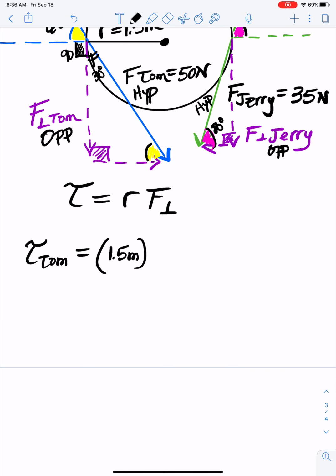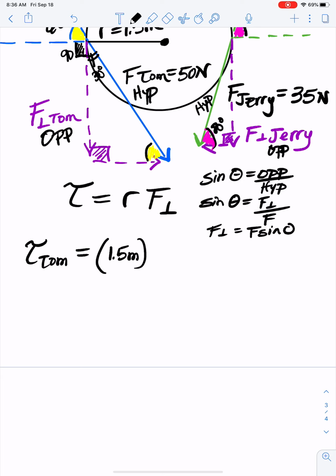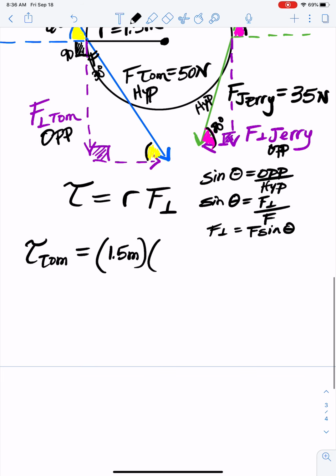For both of them, we can use sine theta equals opposite over hypotenuse. So sine of theta is equal to the opposite, which is F perp, over the hypotenuse, which is F. And we can say that F perp is equal to F sine theta. So F perp for Tom is going to equal 50 newtons times the sine of, what's this angle? I think it was 60 degrees, yeah.